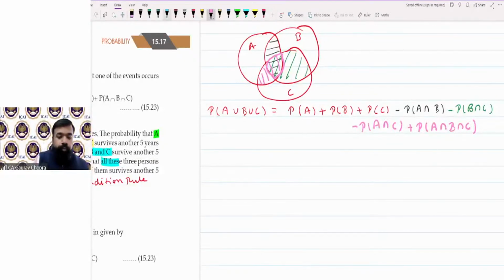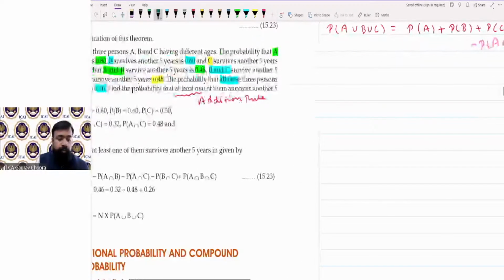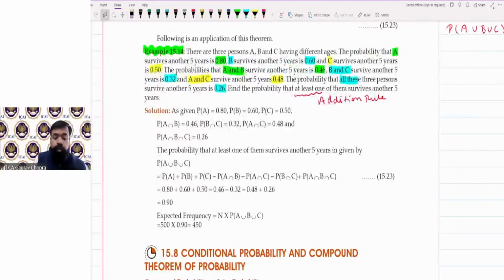Now the next point. Applying this in the given question, it will be probability of A union B union C. So we get P(A) is 0.8 plus 0.6 plus 0.5.